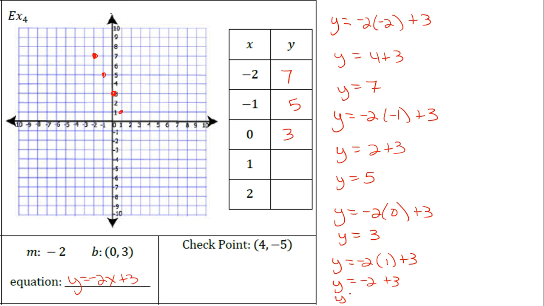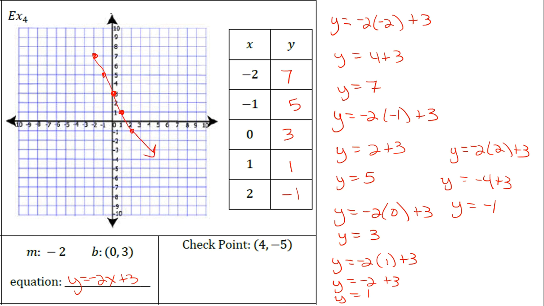So when x is 1, y is also 1. So we have (1, 1). And our last ordered pair that we're going to create is when x is 2. And when x is 2, y is -1. And we can plot that point (2, -1). And we can see here is our graph.